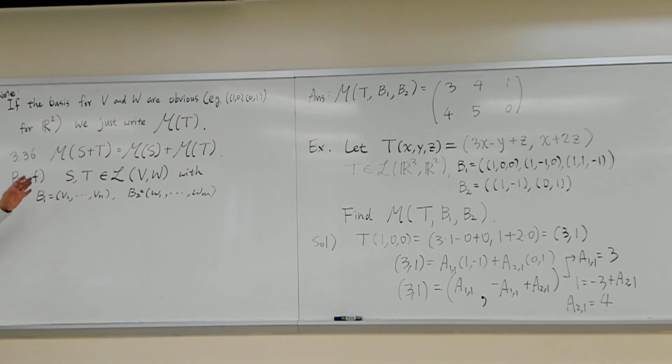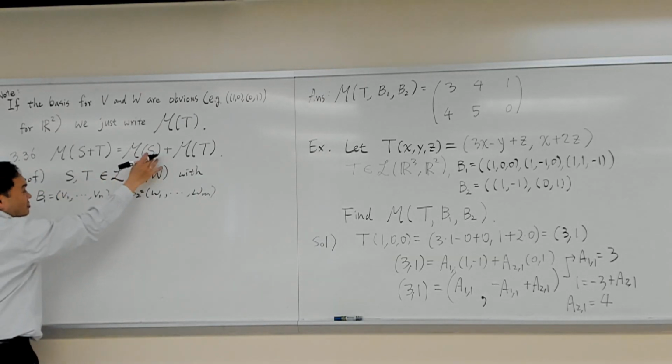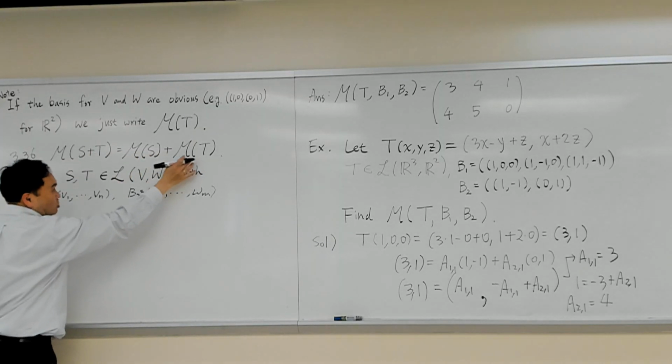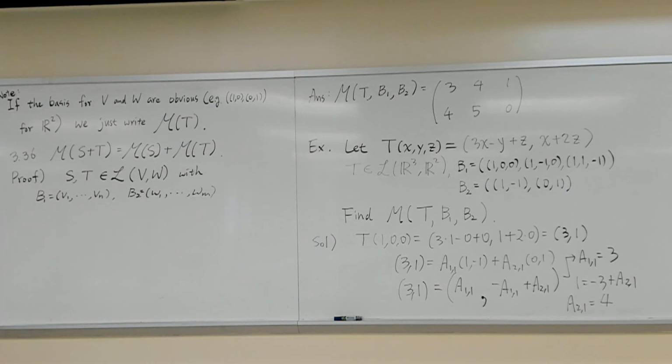And then we're just going to suppress these when we write down M. These all mean B1 to B2, B1 to B2, B1 to B2. Those are just not written.